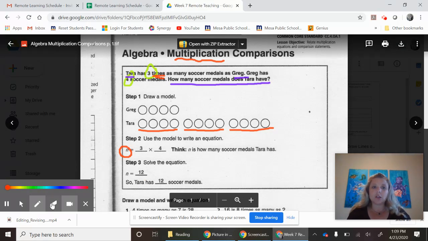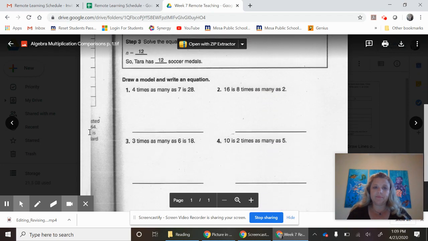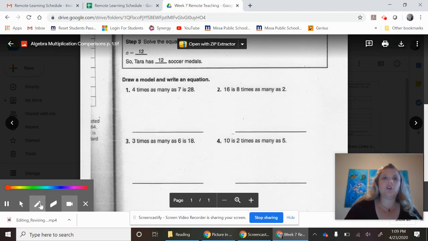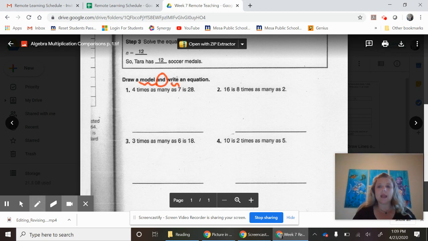So what does this look like if you're having to do it on paper pencil? Okay, so let me scroll down here on this worksheet and I'm going to do the first one. The first one is asking you to model and to write. This is why I want you guys to do it on paper pencil if you can. You are showing us 4 times as many as 7 is 28, which means ultimately you're trying to get it to equal 28.